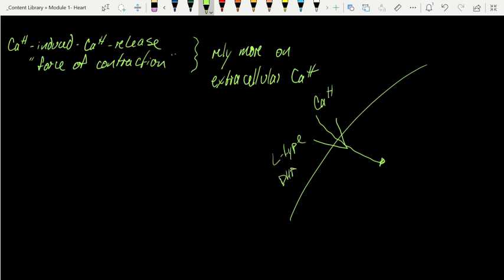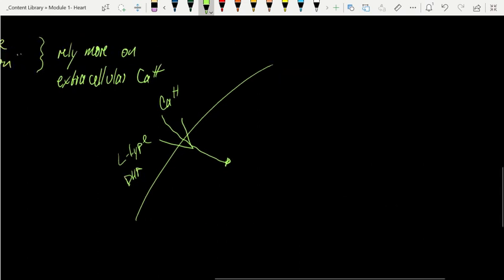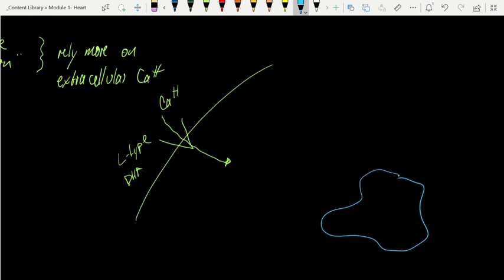It's in that same class. But they're uncoupled. We have to go deep within the cell to find my sarcoplasmic reticulum. Of course, this is loaded with calcium. And we have ryanodine as the channel that's going to let that calcium out.